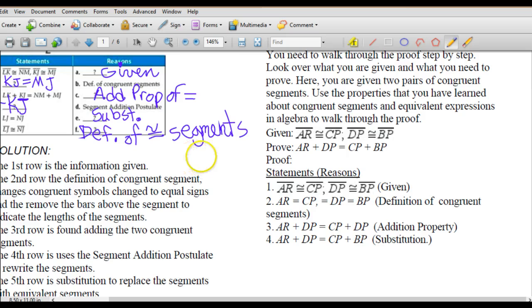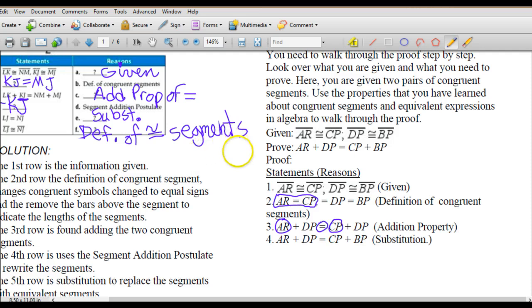From here, we're going to use the addition property. So if we take this equation right here, AR is equal to CP, we're taking that equation and we're adding DP to both sides.